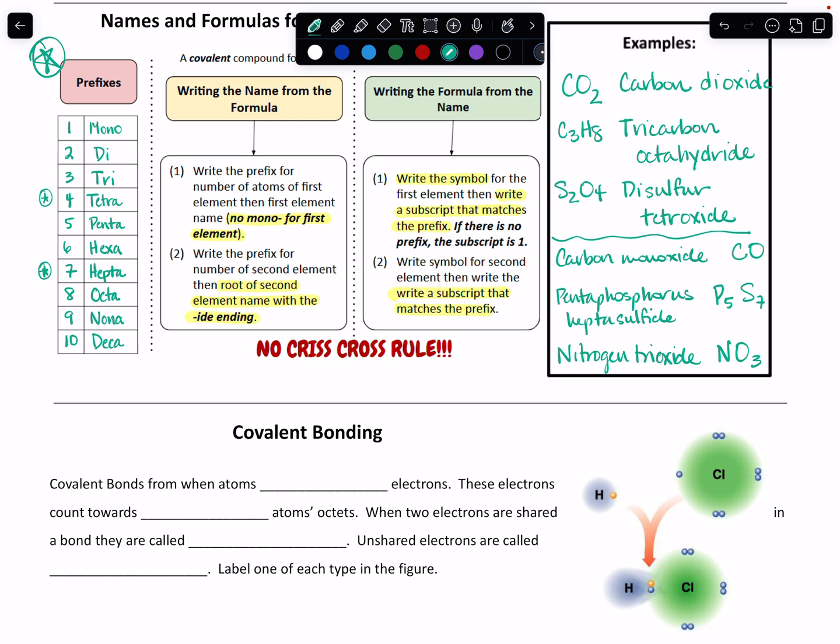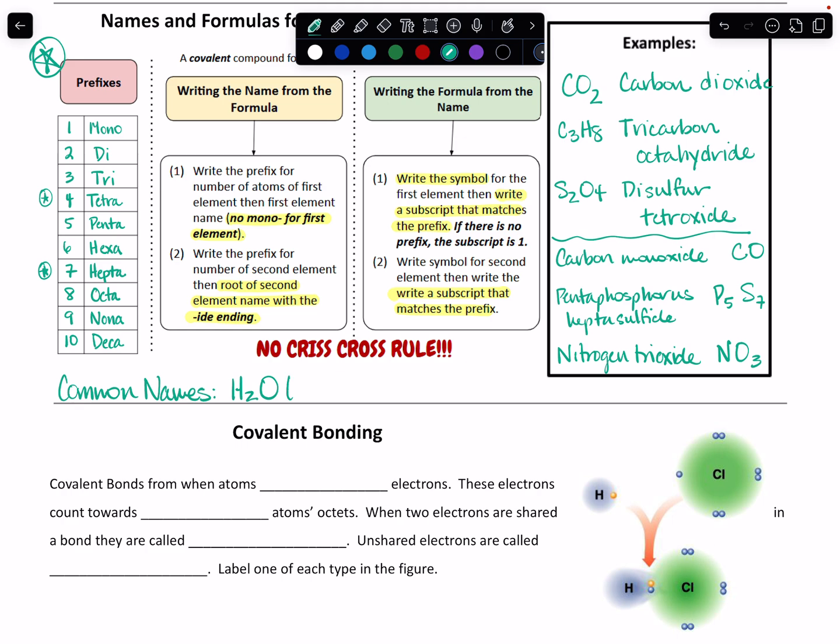All right, now there are a couple covalent molecules that have a common name that you should know. All right, one you know pretty well. All right, so common names. All right, these are ones where we tend to use the common name over the covalent name because it's just the one we've used forever. All right, the first one is H2O. All right, we do not call this dihydrogen monoxide.